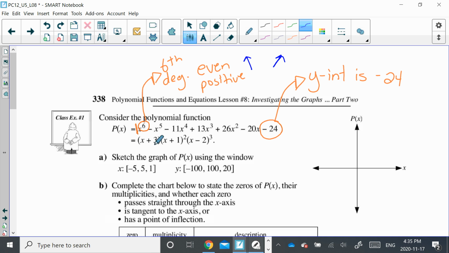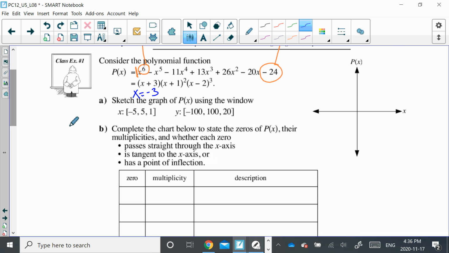Okay, they give me this polynomial in factored form. So in factored form, I could easily look at this and get the zeros, or the x-intercepts. This x-intercept right here is x equals negative 3. So let's go to our chart and put in the 0 of negative 3. The multiplicity of that 0 is 1.